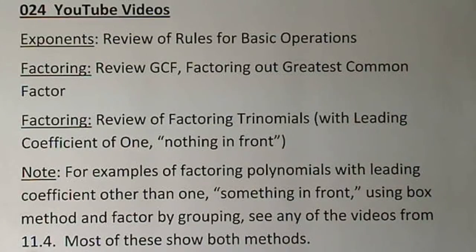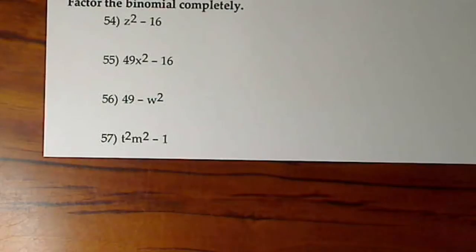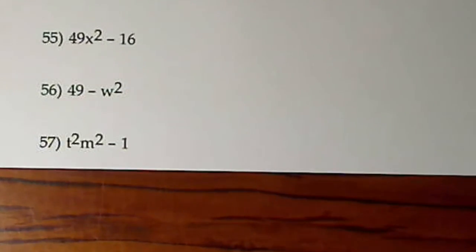Any of the videos from 11.4 are going to show factor by grouping and the box method. And basically any of the videos from chapter 11 are going to have some topic on factoring. So difference of squares, which is what we're going to pick up with here on number 55.